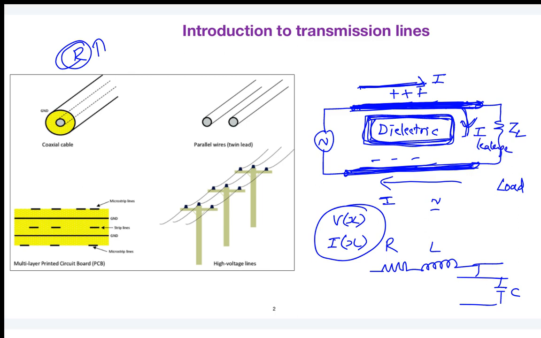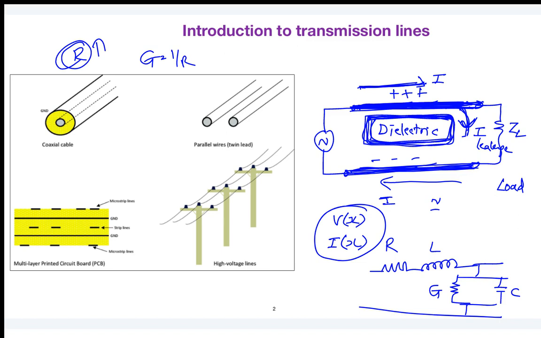If the dielectric is non-ideal, it is going to have some conductance, which is the reciprocal of the resistance. Because of the conductance offered by the dielectric, there is a small part of leakage. So that also I have to include in my model. That actually completes my electrical circuit, right?